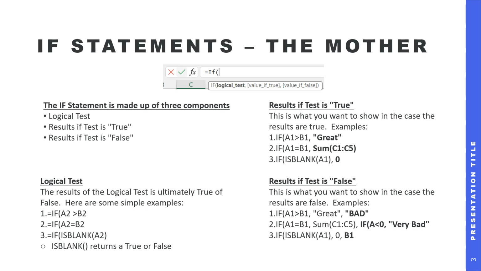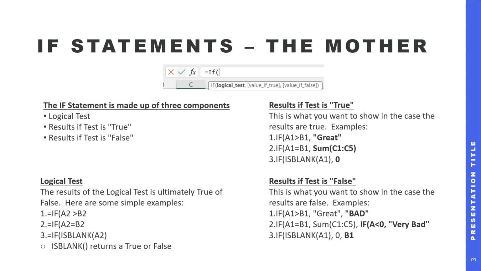In this example, we want to sum C1 through all the ones that have values in them, and A1 is 5 and B1 is 5, then the result is going to be 5. The last example, if ISBLANK is true, then show 0. So if nothing's in A1, I'm sorry, I said A2, I mean if ISBLANK A1, show 0. So if nothing's in A1, then we're going to simply return a 0.